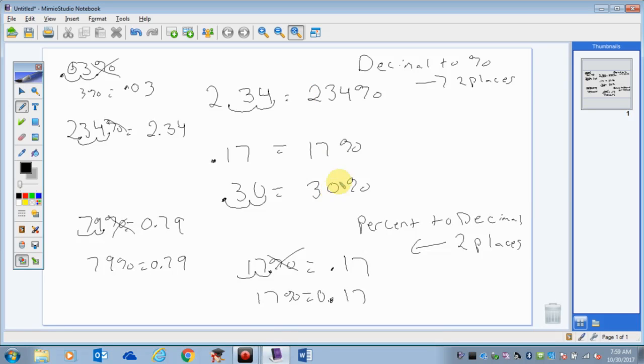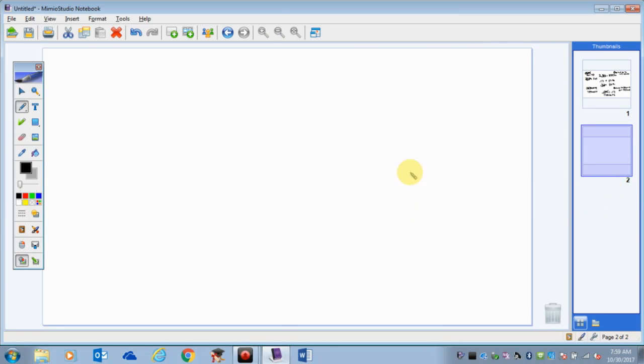The other thing that we'll learn today, go ahead and make sure that you have this written down before I switch to a new page. The other thing that we'll work on is writing them as a fraction. Anytime you see a percent sign, that's also going to mean it's over 100. So percent means over 100.